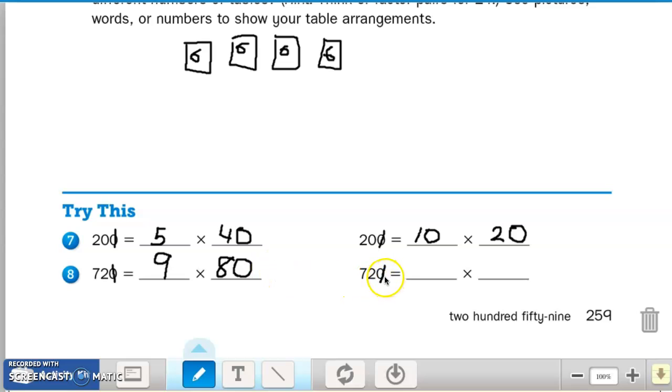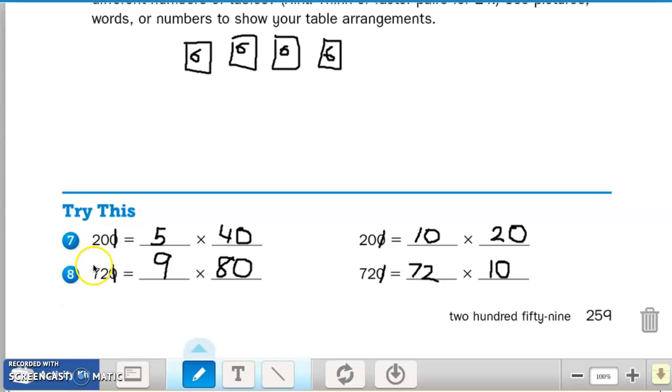And then finally, 72 times 1 is 72. But since there's another 0, we have to add a 0 to one of these. We only add 1 because there's only one 0. So I'm just going to add it to here.